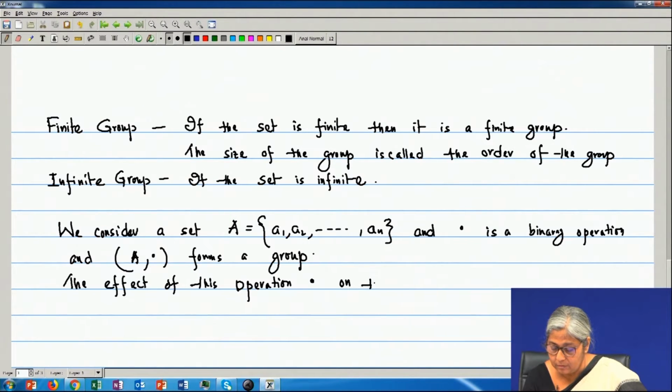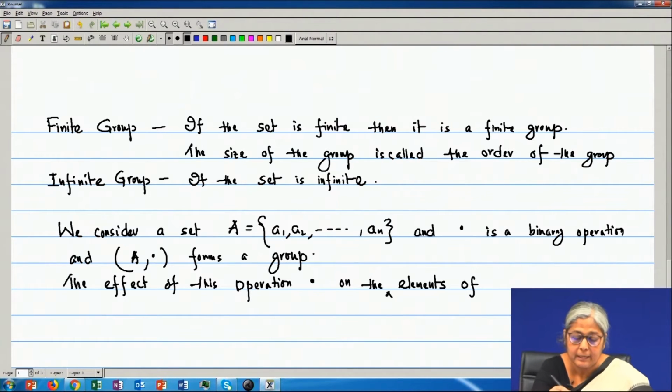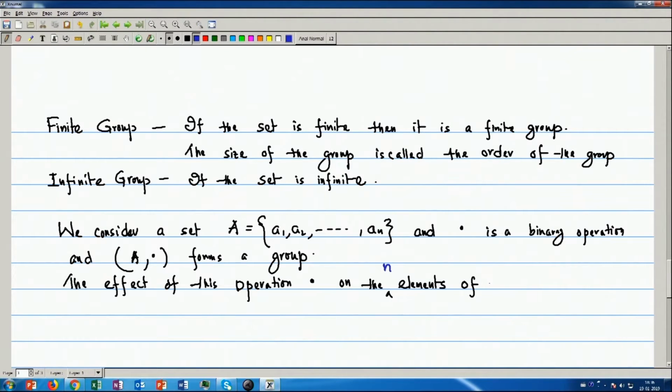On the n elements of A, because it is an n element set, can be represented as an n by n matrix.